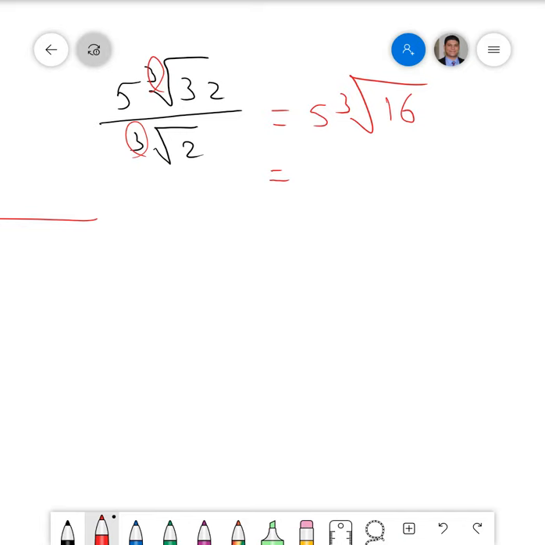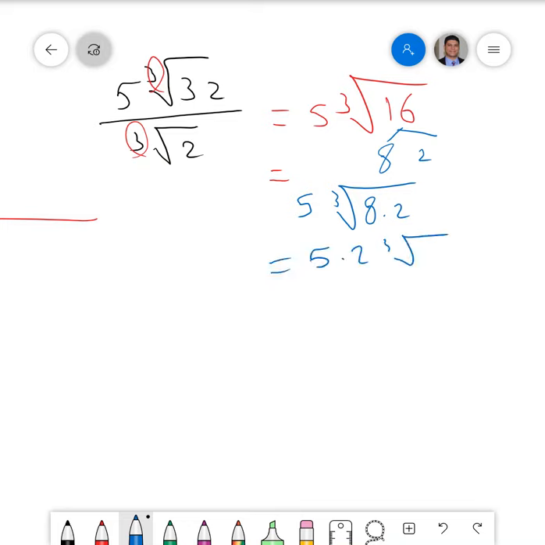Now the third root of 16, so we have to find a perfect cube as 8 times 2, so it will be 5 times the third root of 8 times 2. The third root of 8 is 2, the third root of 2, 5 times 2 is 10 third root of 2.